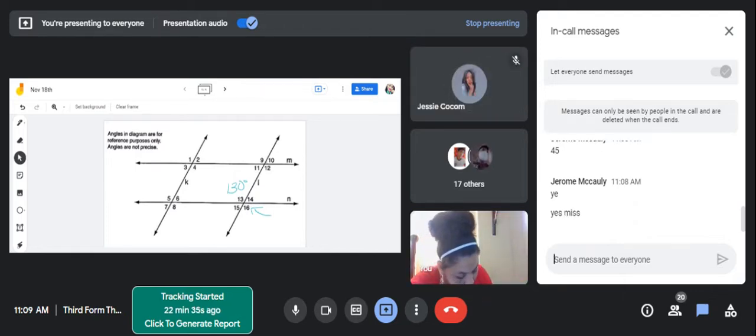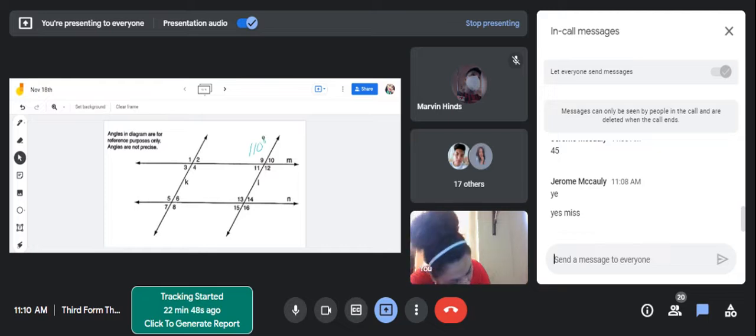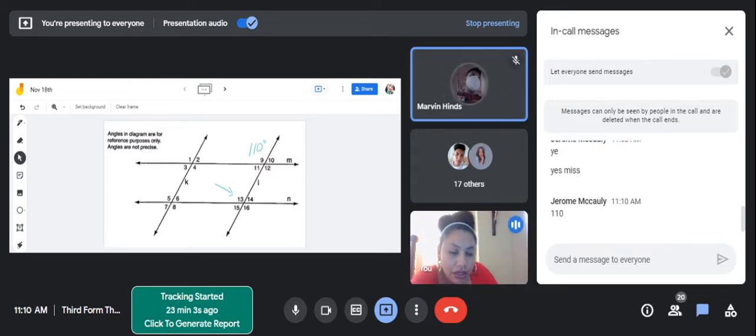So somebody read number 4 for me. Angle 9 equals 110 degrees. What will be angle 13? This one over here. 110 degrees.